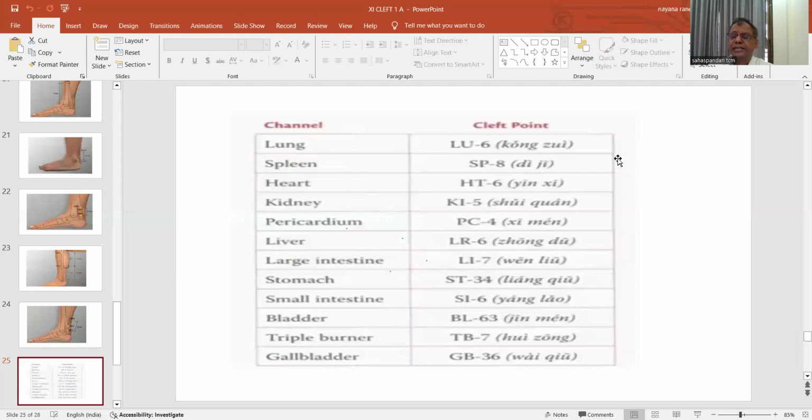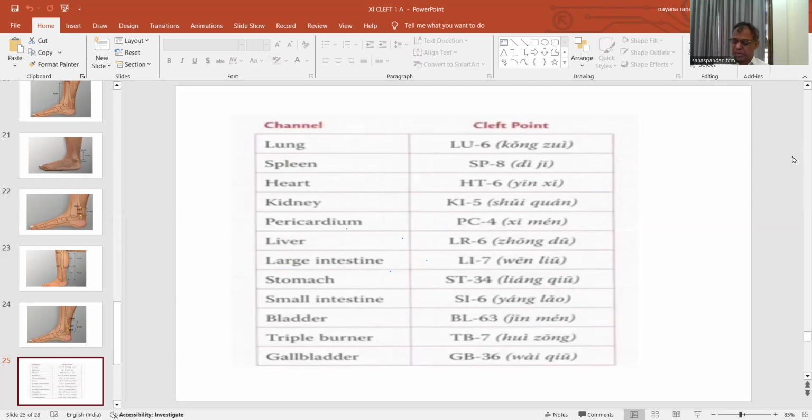Lung, LU6; spleen, SP8; heart, HT6; kidney, KI5; pericardium, PC4; liver, LV6; large intestine, LI7; stomach, ST34; small intestine, SI6; bladder, BL63; triple burner, TB7; gallbladder, GB36.